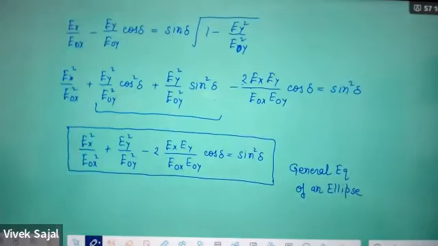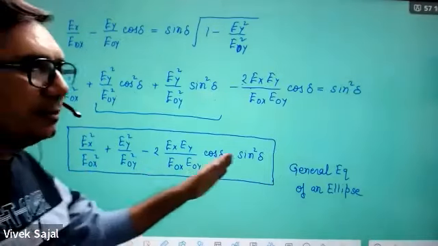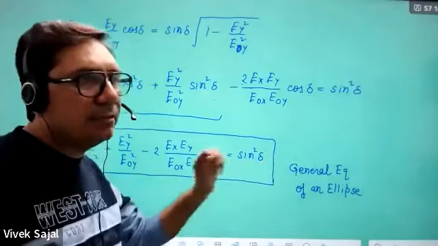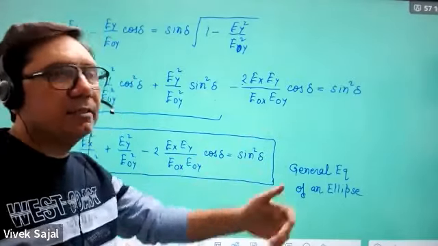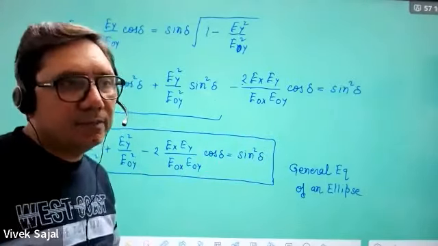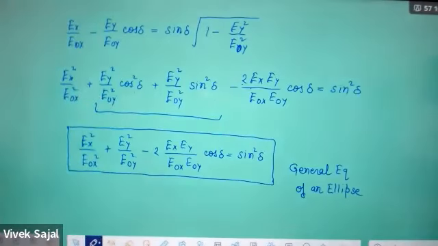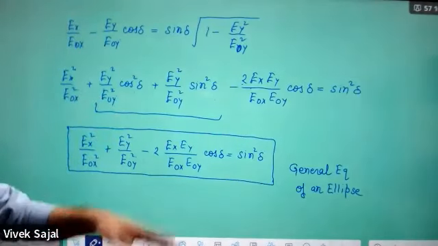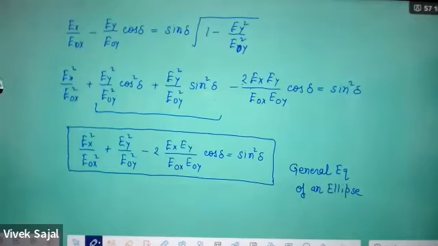ठीक है? So you have to remember this equation. This is the general equation of electric field when it is emerging on the other side of this calcite crystal. So whatever is emerging on the other side of the calcite crystal, this will be the correlation between X component and Y component.